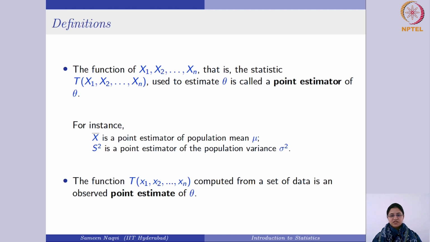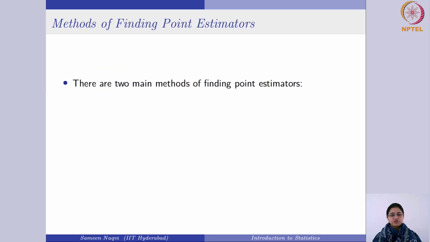We will come up with a single value for the population parameter. In order to do so, we need to know different methods: once we have collected the random sample, how should we move ahead and finally find an estimator. This means that we need to learn about different methods of finding point estimators.